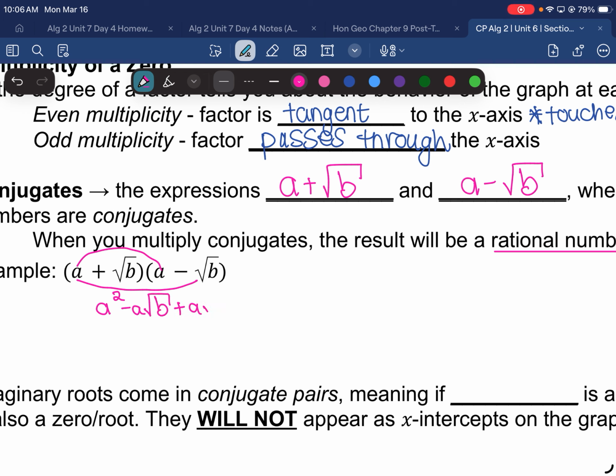Your inners become positive a radical b. And then your last become what? What's a positive radical b times a negative radical b? What do you get when you multiply two radicals that are the same? Something like radical 3 times radical 3.